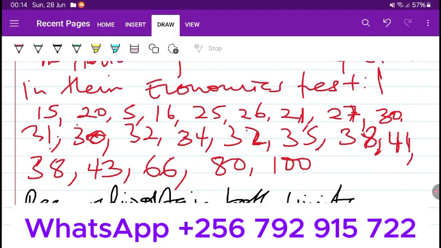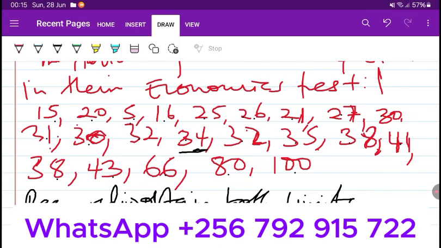Let's count this as well. It is 1, 2, 3, up to 22. These are 22. Which one did we skip? We skipped 34. So let's include that 34.